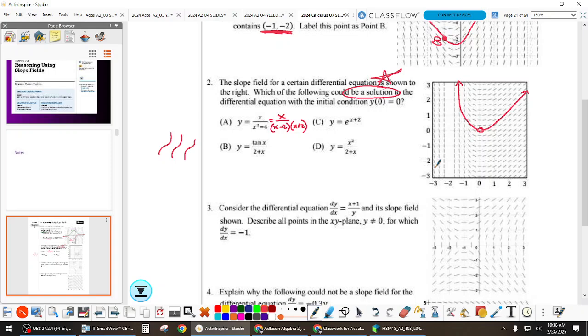Is that the tangent graph? No, it kind of looks like the sine. Okay, so it's not that one. It's not e to the x, because we would expect that it wouldn't have two arms going up the same direction. How do we distinguish between these two?